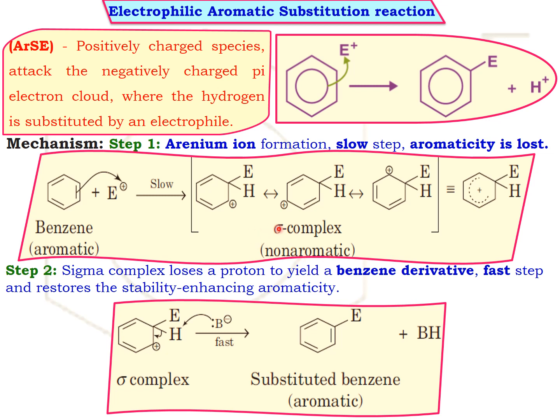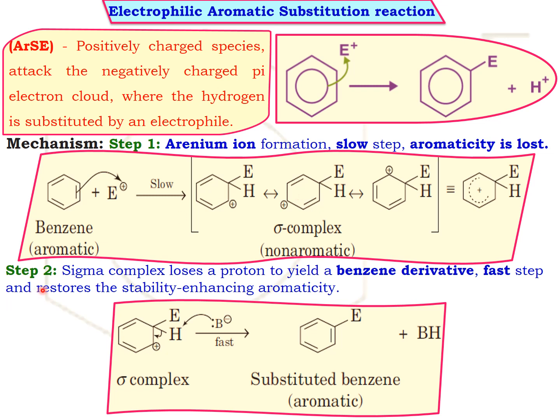It is called a sigma complex because one of the pi electrons is getting converted into a sigma bond here. So we can call this resonance stabilized intermediate a sigma complex as well. Collectively this structure is known as the arenium ion. The formation of the arenium ion is a slow step, and it is also the rate determining step.